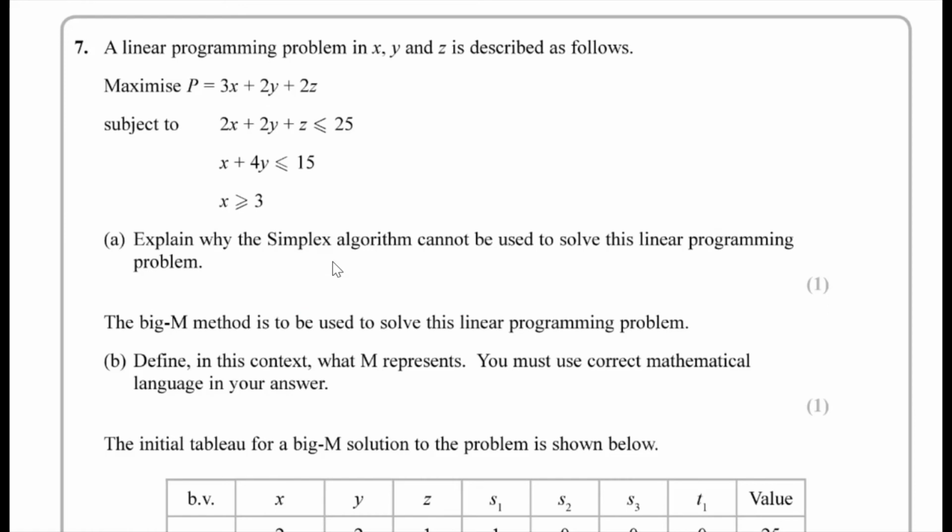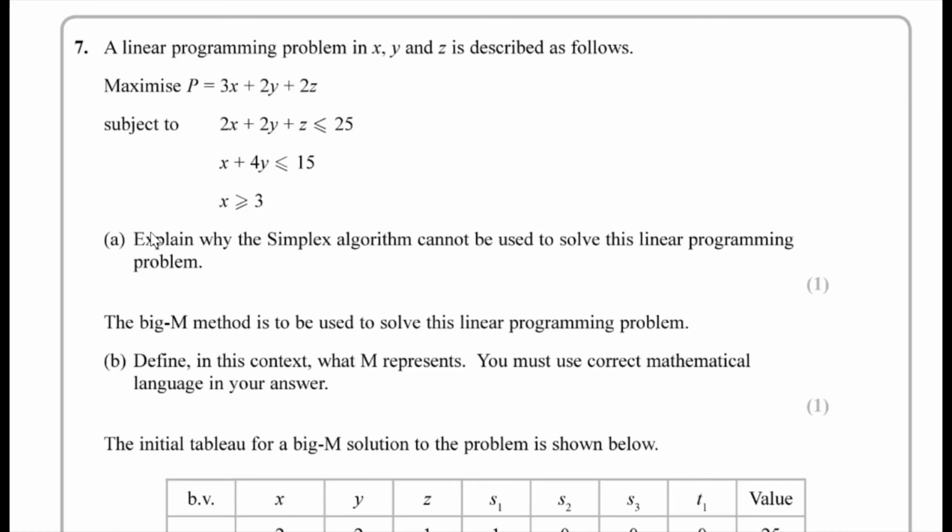Question 7. A linear programming problem in X, Y, and Z is described as follows. We have to maximize P equals 3x plus 2y plus 2z, subject to these conditions: 2x plus 2y plus z is less than or equal to 25, x plus 4y is less than or equal to 15, and x is greater than or equal to 3.